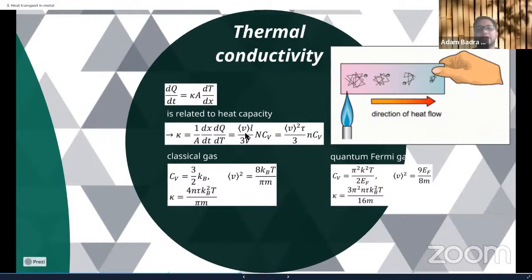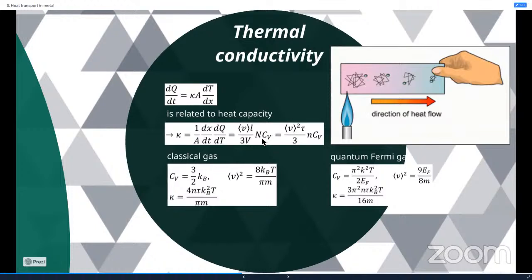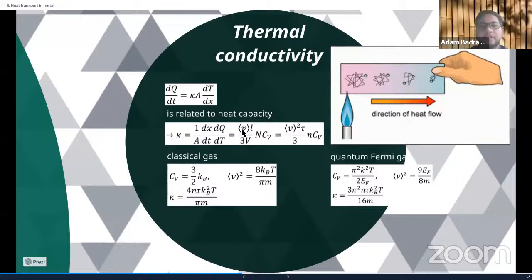The change of heat because of temperature difference gives the heat capacity. Okay, now we connect L to V, as previously: L is V times tau. So now there is V squared, times tau over 3, times CV.